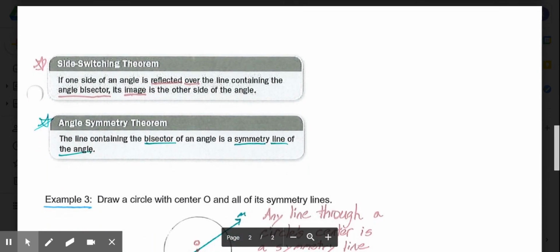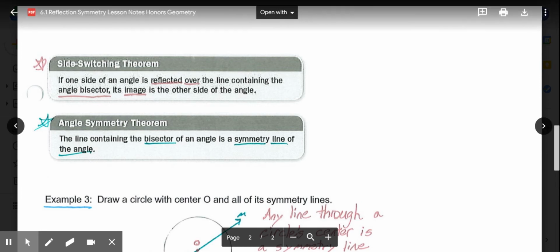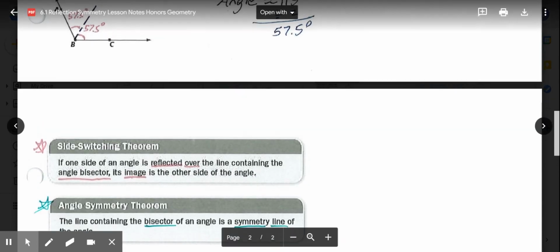Then we have what's known as the side switching theorem, which states if one side of an angle is reflected over the line containing the angle bisector, its image is the other side of the angle.